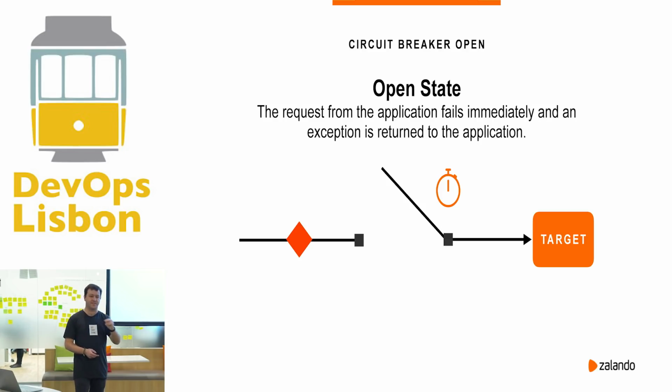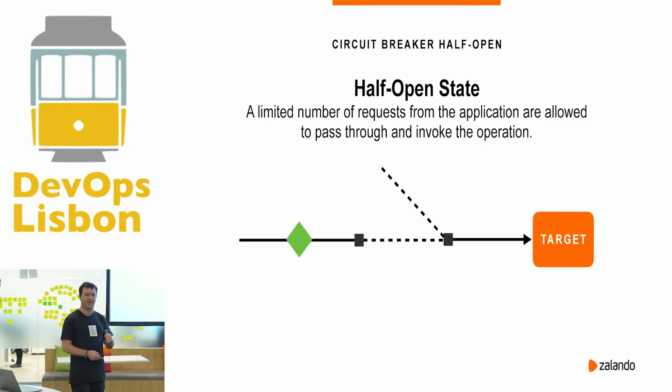And it switches the state to the half open state. The half open state is special just because it's neither open nor closed. What it's going to do is that only a selected amount of those requests are actually going to be forwarded to the target, while others are still going to be dropped.